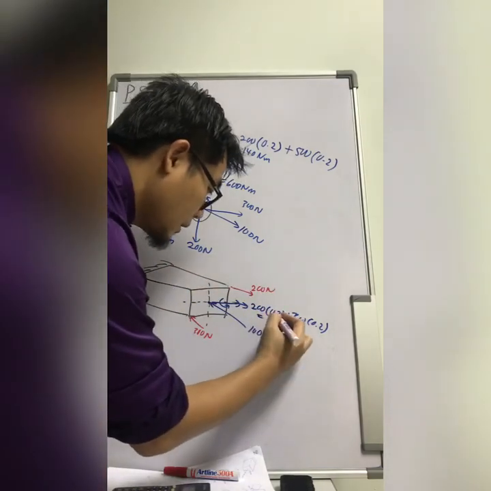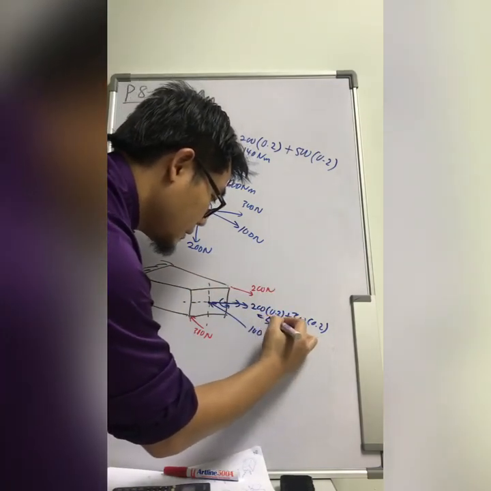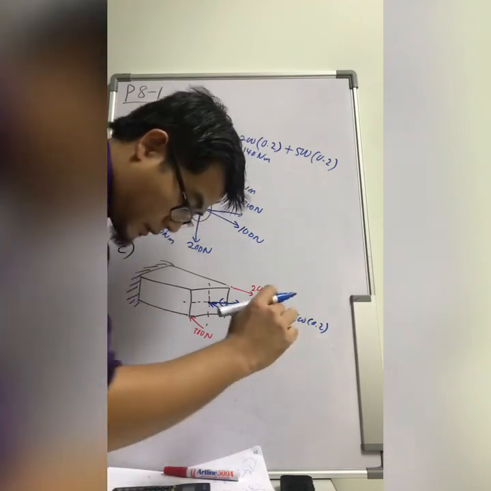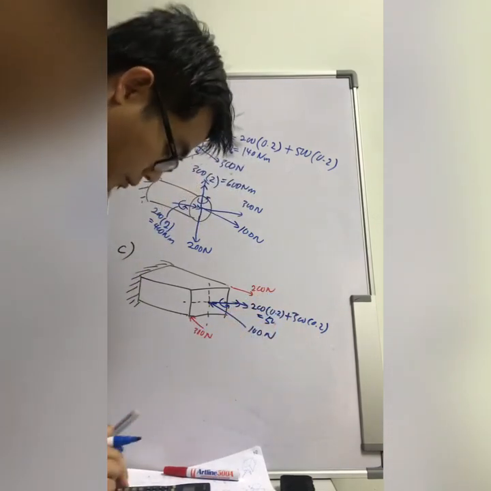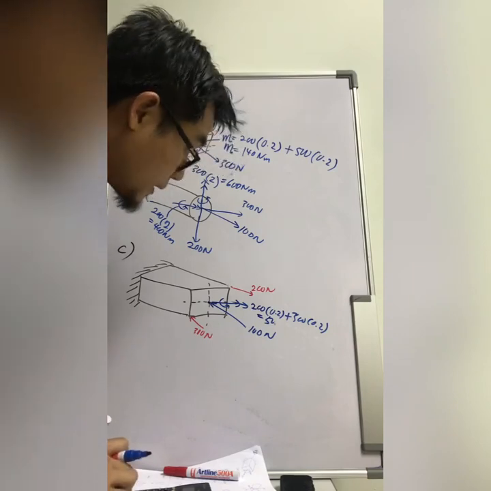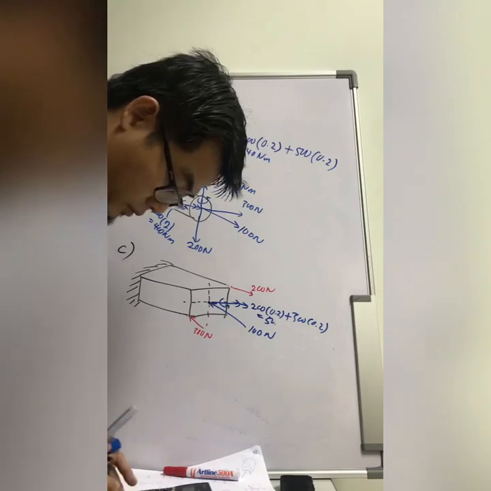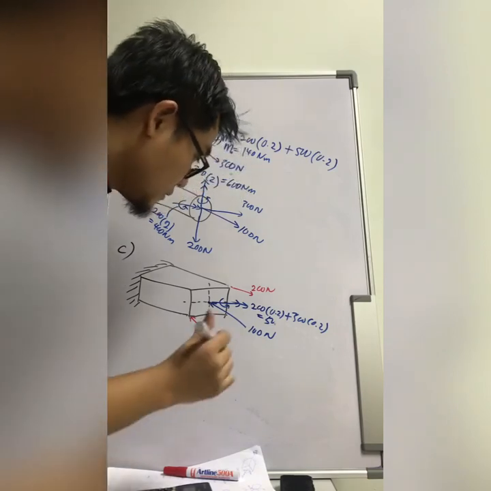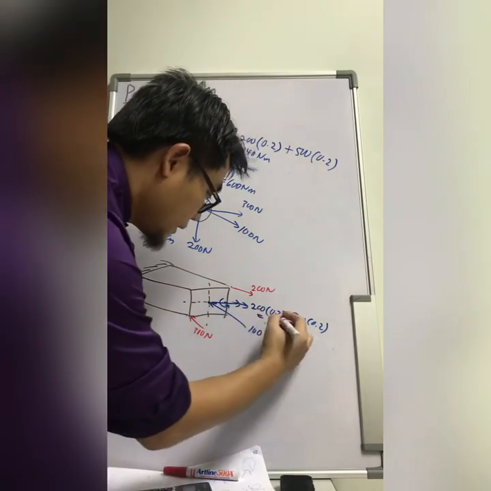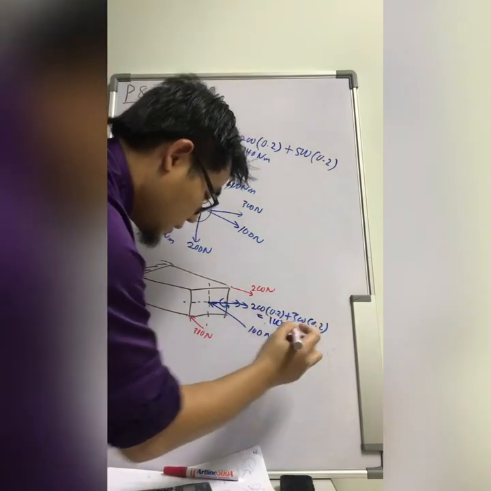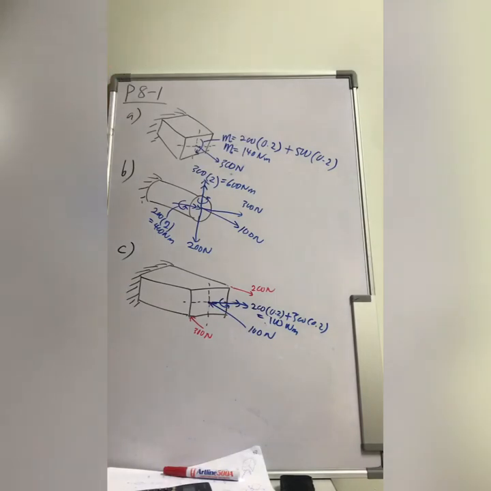So now, here you have, is it 500? 200 times 0.2 plus 300 times 0.2, so you have 100 Newton meter. Is it okay?